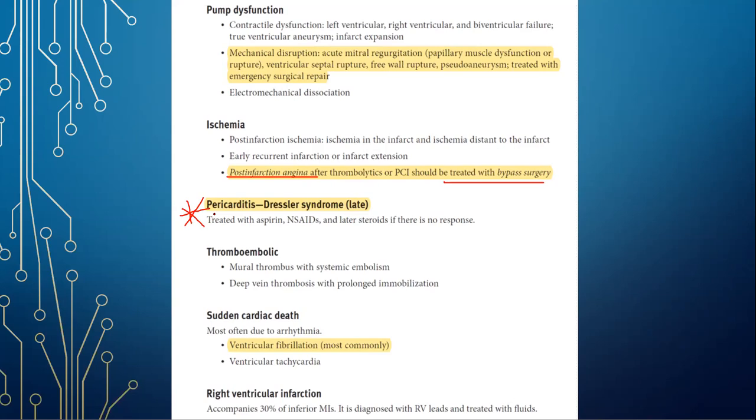So if a patient who had a recent MI now complains of chest pain similar to pericarditis, that's called Dressler syndrome. Treatment is aspirin, NSAID, and a steroid if there is no response. And what is the most common cause of sudden cardiac death after an MI? That's very important, it comes in the exam. That's ventricular fibrillation.